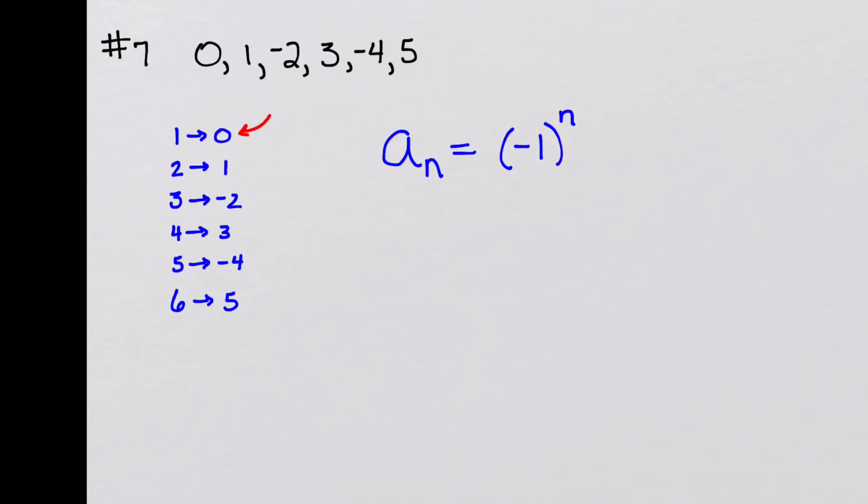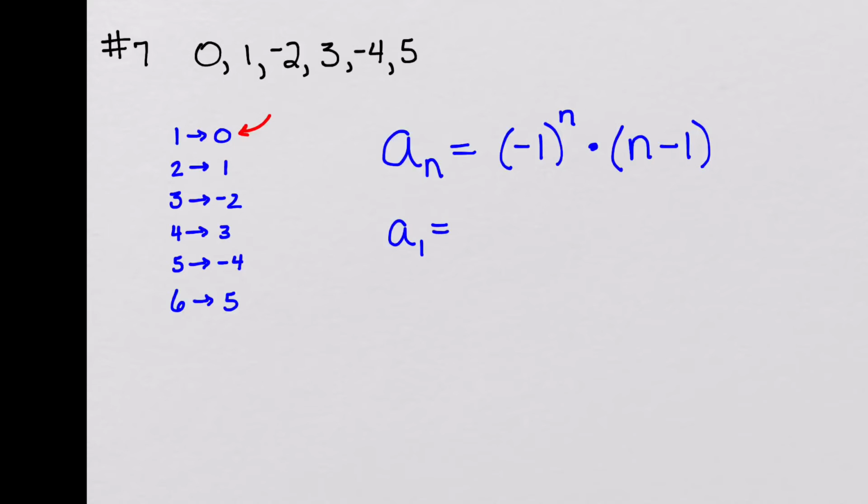But that's not all there is to it, because now we're going to multiply this -1 to the n times something. What is the number value that we get in the problem? We have 0, 1, 2, 3, 4, and 5, and those associate with 1, 2, 3, 4, 5, and 6. So the number value is always 1 less than whatever n is, so we're going to multiply by n minus 1.